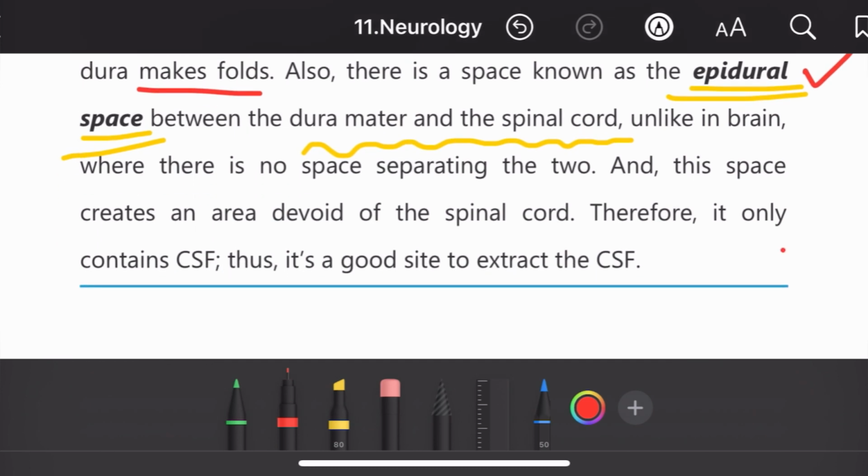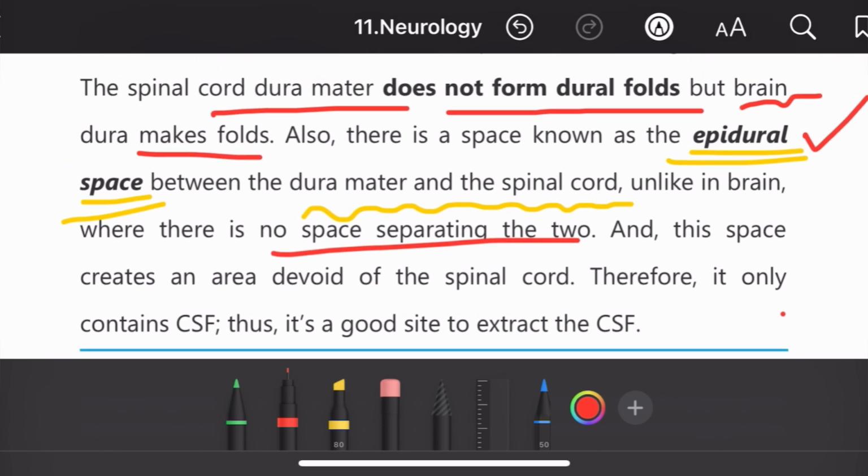But that is not in the brain, where there is no space separating the two, which means there is no space between the dura and the brain. So it is almost filled, but the spinal cord has an epidural space. I will come to the diagram once.